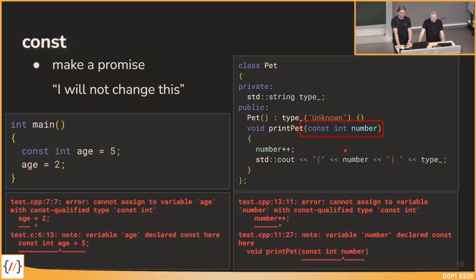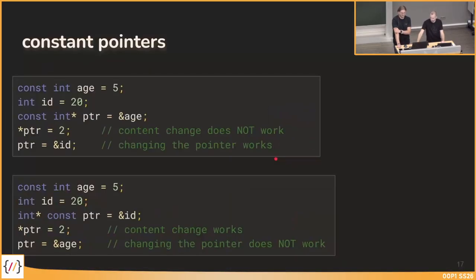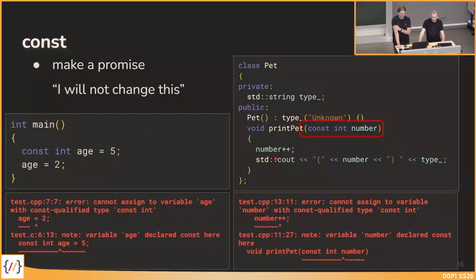The same if I am inside a function or a method and I declare here a const parameter, this means that this variable cannot be changed here. So in this case, I also get a compiler error. So const just means it cannot be changed, it should not be changed, otherwise there is a compiler error.